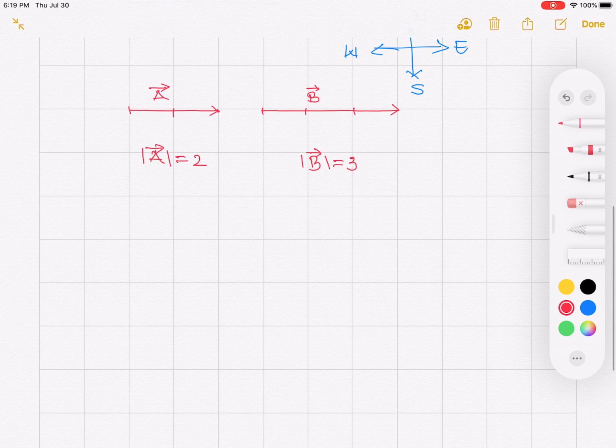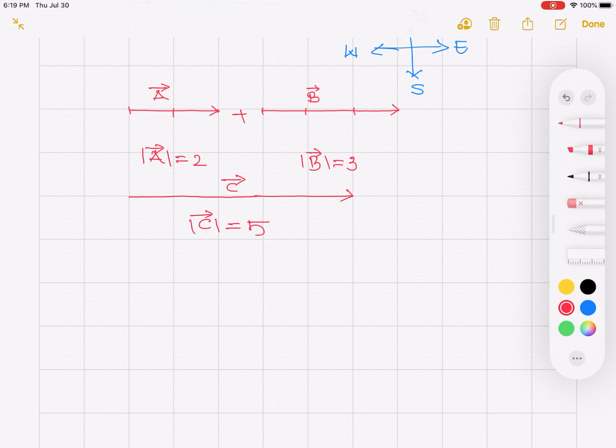If the vectors are in the same direction, we can add them like scalars. So if we add these, the resultant vector will be this vector C, and 2 units of this one added to 3 units of this one, so its magnitude will become 5 units.